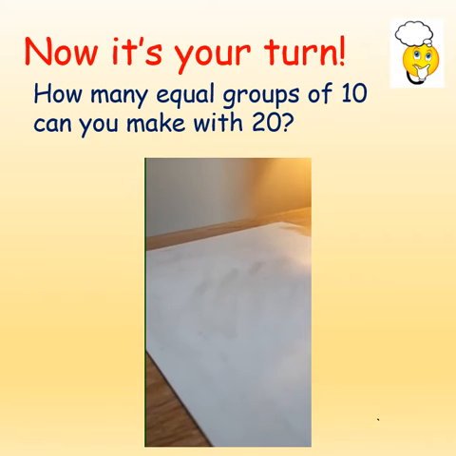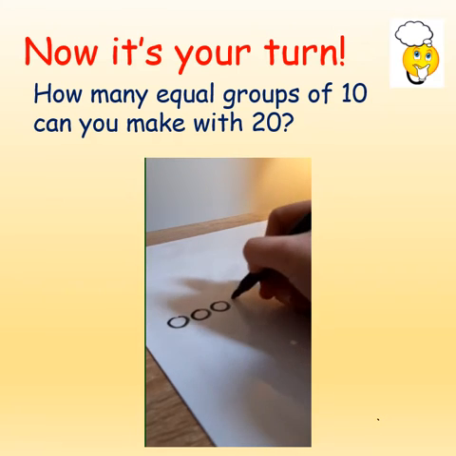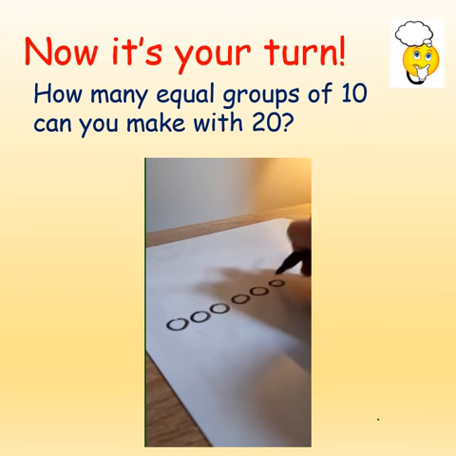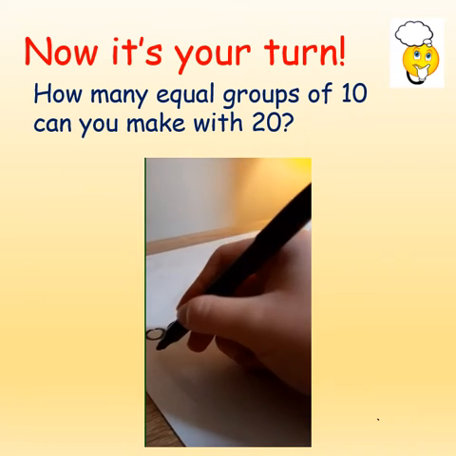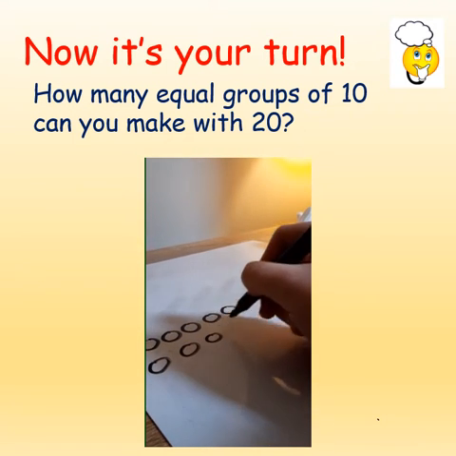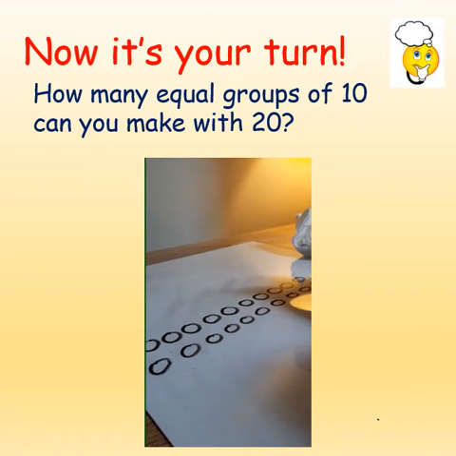Okay, last one. I'm going to see how many groups of 10 I can make out of 20. So I'm going to draw my 20 counters so I don't get confused. 1, 2, 3, 4, 5, 6, 7, 8, 9, 10, 11, 12, 13, 14, 15, 16, 17, 18, 19, 20.